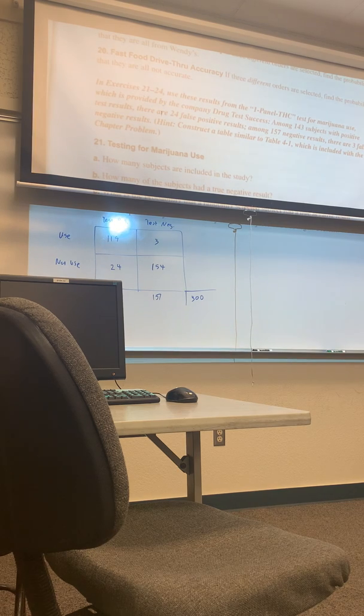How many subjects had a true negative result? A true negative. In other words, didn't use and test negative. 154, yeah. So a true negative means the test was correct, they didn't use and they tested negative. So 154. What is the probability that a randomly selected subject had a true negative result?